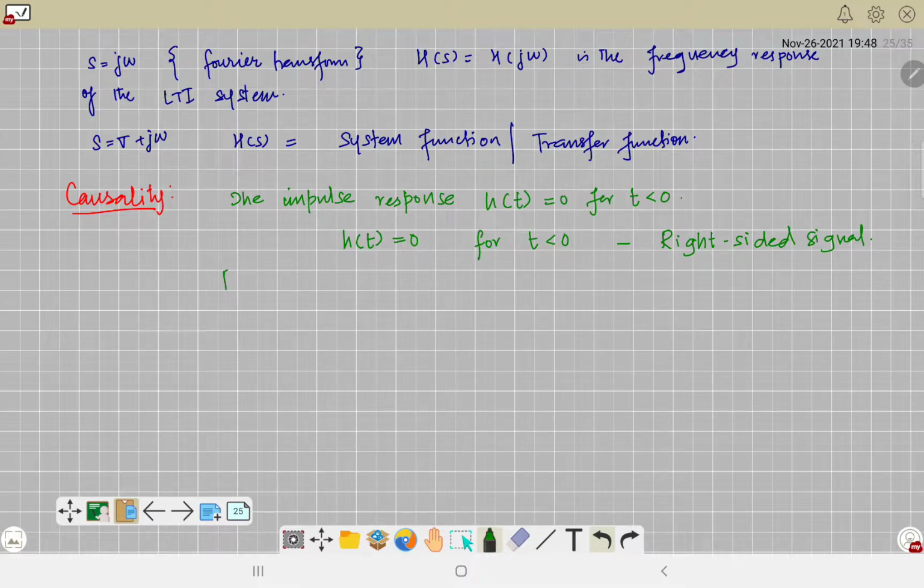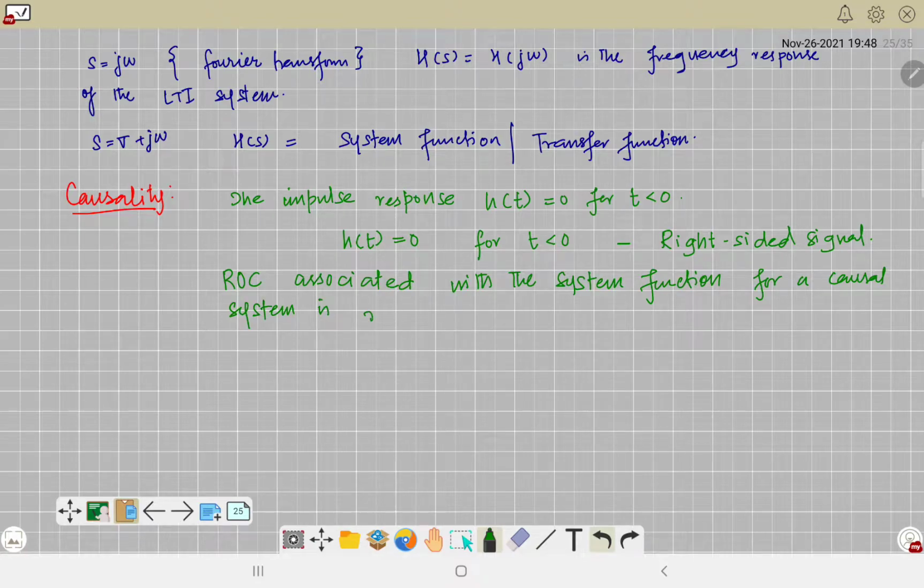Now, since h of t is equal to 0 for t less than 0 for a causal system, it means that the associated ROC with the system function of a causal system is a right half plane, which we defined in the ROC properties as lying to the right of the rightmost pole.